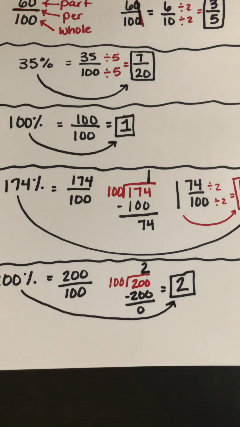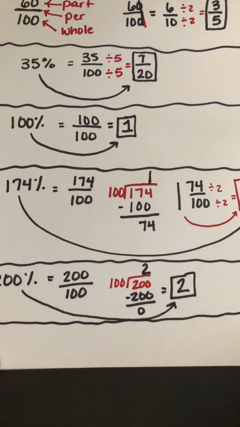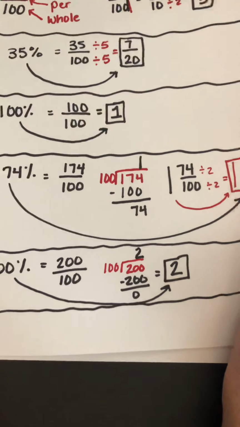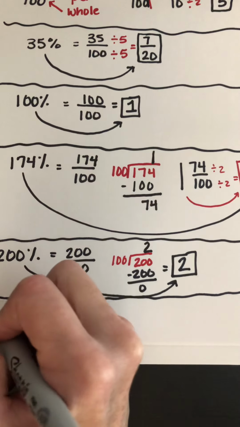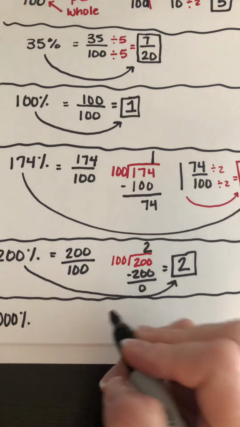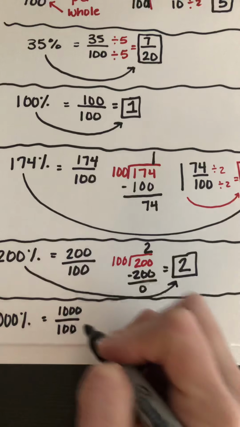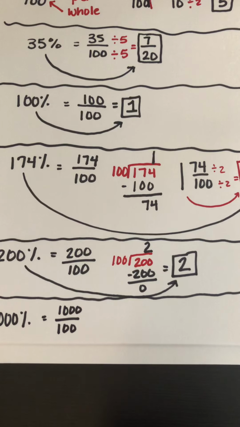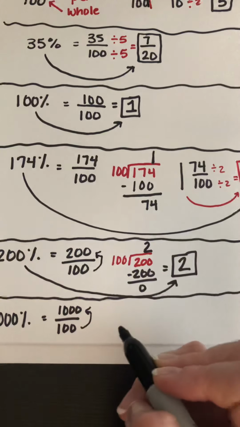My last one that I want to squeeze in here, I'm going to squeeze it down here at the bottom of the paper, and that's okay. If I have 1000%, well, 1000% is still going to go over 100. And again, it becomes a division problem, just like it did up here, right?